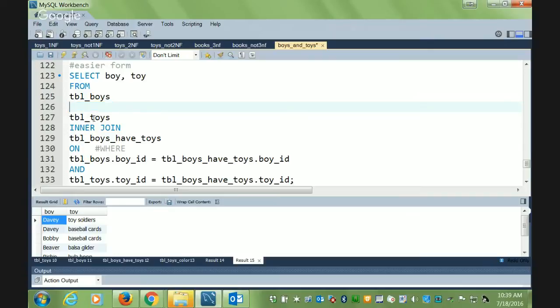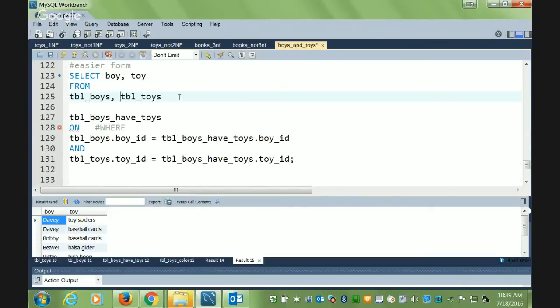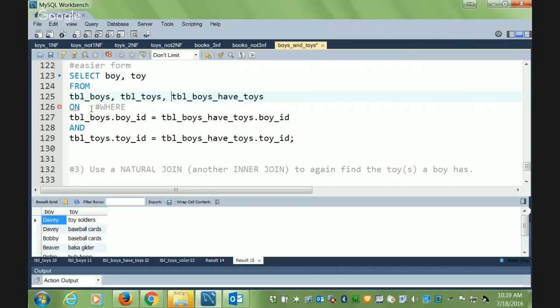Just remove it, and put commas. That's the easier way. You put a comma. Who wants to write the word inner join? And now you cannot use on. You have to use where now. So when you use a comma, make a point: cannot use on. We cannot use on. Okay.